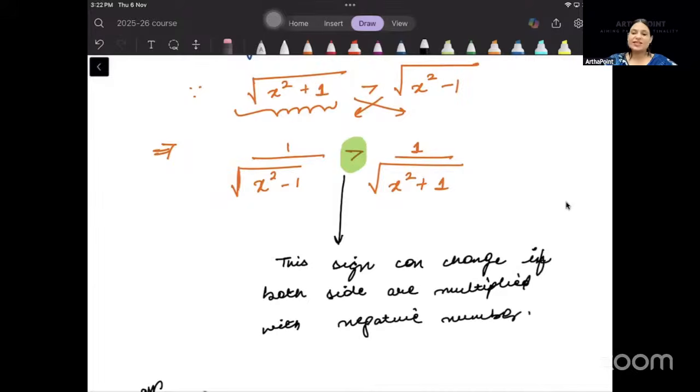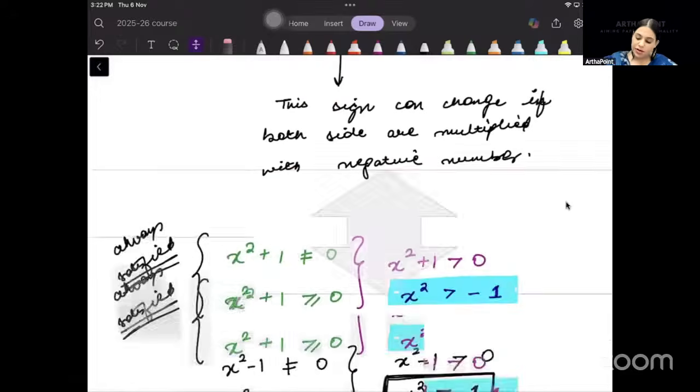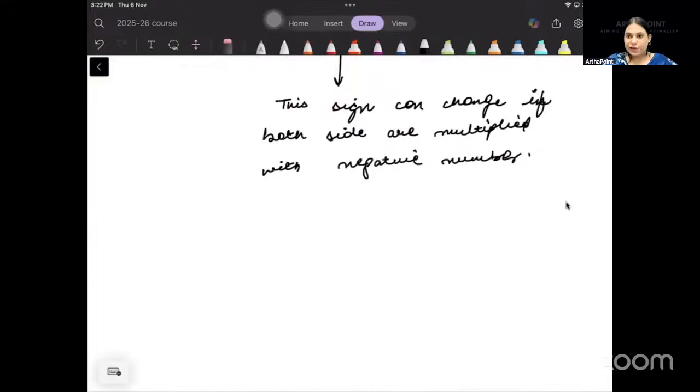If both sides are multiplied with a negative number, just think about it. If I have multiplied both sides by say minus 2 or minus 1, then we know if 4 is greater than 3, minus 4 is less than minus 3. So when we multiply it with negative sign, automatically the signs change.